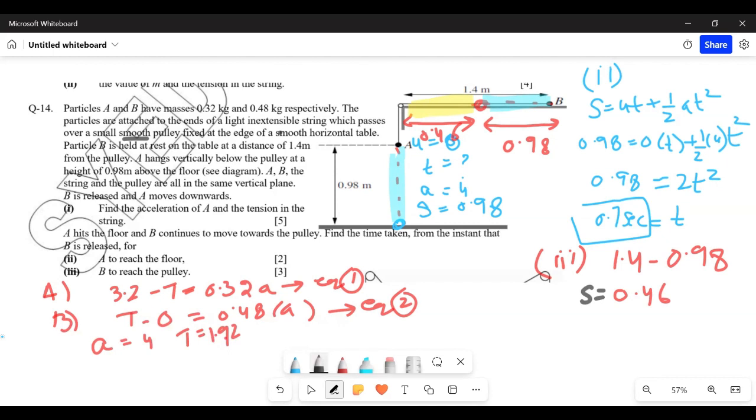Then what else? We have to find A for this part of the journey. But in this part, the string slacks because there's an impact at the end of the first journey. So this string will slack and make the B particle move towards the pulley. So we need the new acceleration.